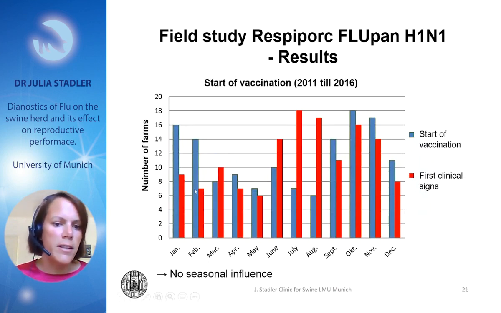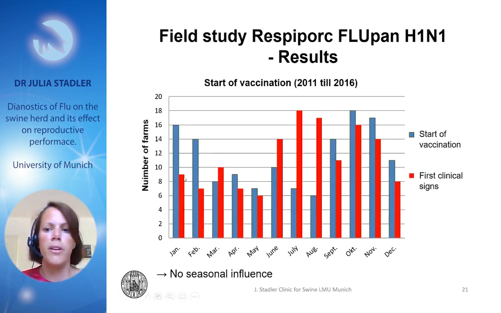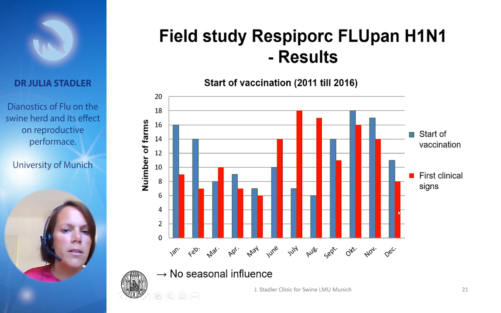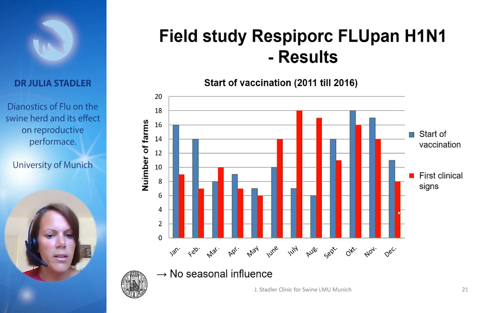On this slide, you can see the number of farms with influenza-related clinical signs in the respective months, displayed as red bars. And you can see that influenza-like clinical signs were observed throughout the year. This is in accordance with a previous study where no seasonal influence on the occurrence of influenza was observed, and thus influenza turns out to be a problem throughout the year.